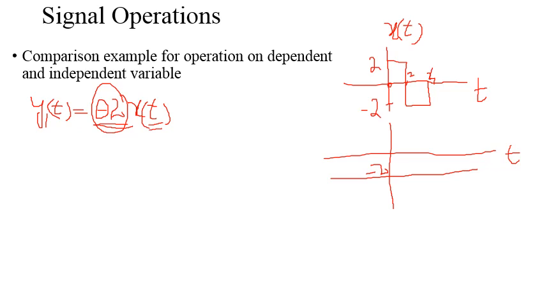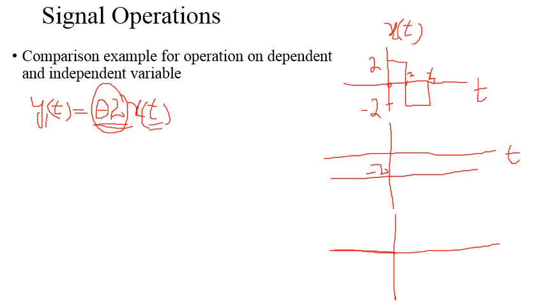So what will happen if I multiply the two signals, right? So I hope you understand that from 0 up to minus infinity, this signal is minus 2, whereas this one is 0. So anything multiplied by 0 will result into 0. So that's minus 2 multiplied by 0, it will result into 0. So you get 0. Okay, then from 0 up to 2, this signal is 2, right?